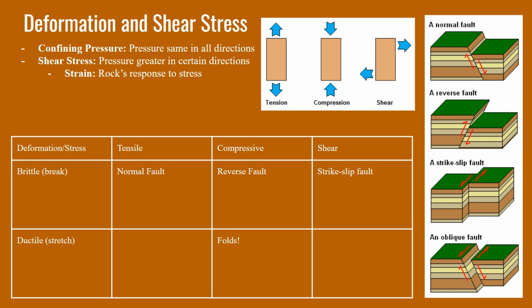Shear stress, on the other hand, a condition with shear stress involves the forces being unequal in different directions. The pressure on the rock is greater in one direction than another.